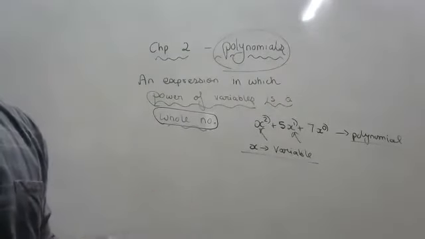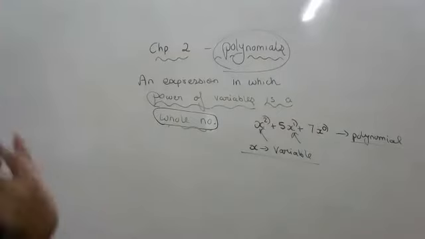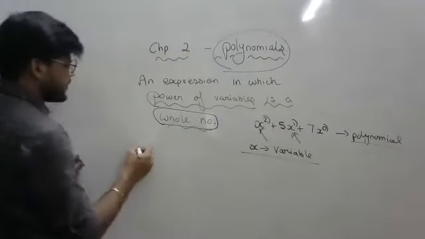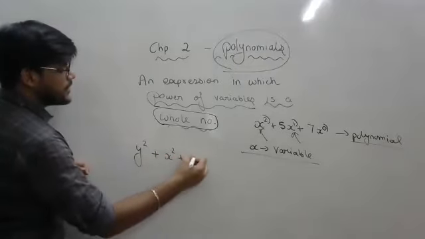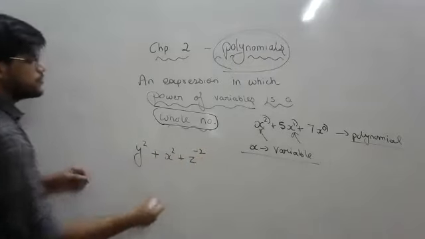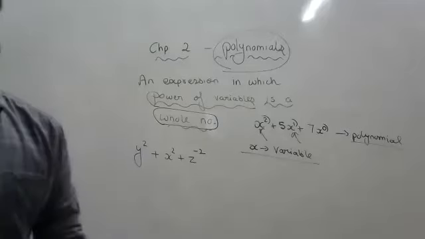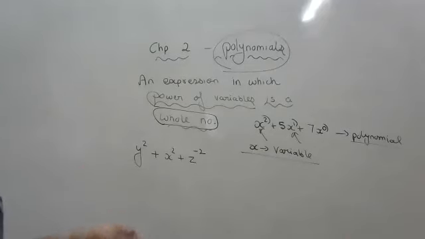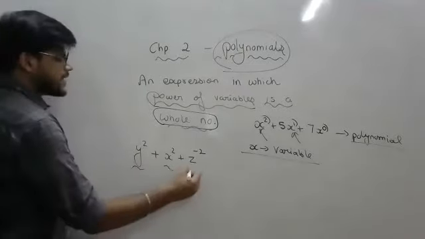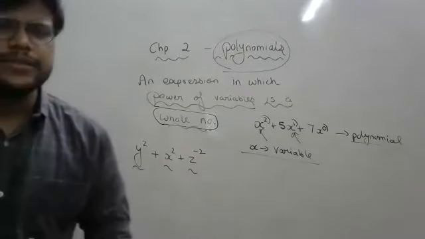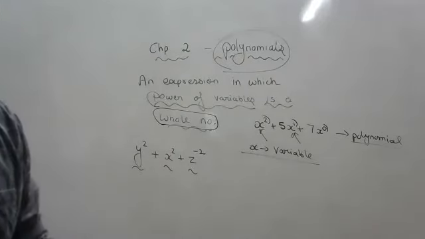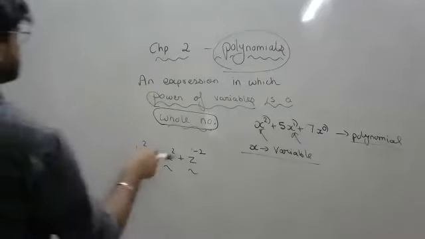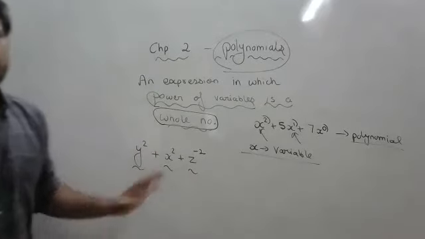Okay, let me give you a few more examples. You'll get a better idea. Suppose I'm having y squared plus x squared plus z raised to minus 2. Now here y, x and z, all of them are variables. In simple language you can understand these alphabets are known as variables.